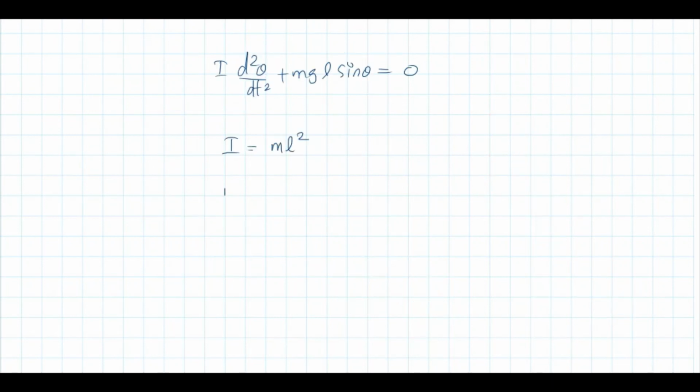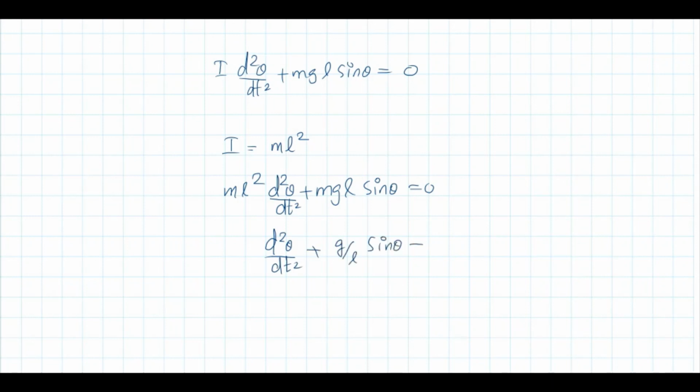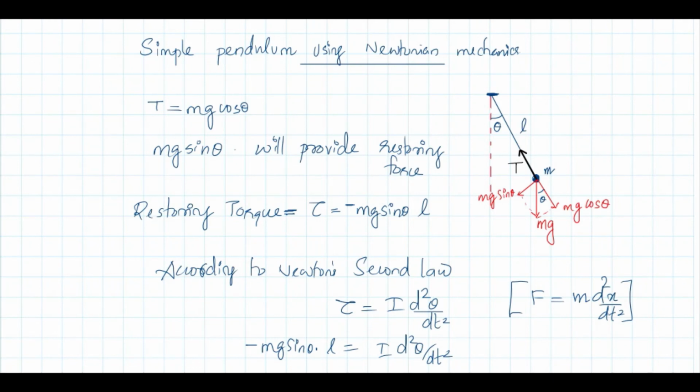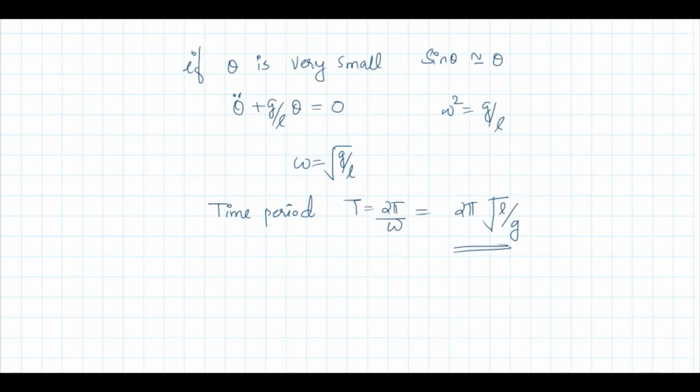Substituting for I, ml square d square theta by dt square plus mgl sin theta equal to 0. Dividing throughout by ml square, you get d square theta by dt square plus g by l sin theta is equal to 0. For small theta, sin theta is approximately theta, so theta double dot plus g by l theta is equal to 0. Again, the same equation that we obtained using the Lagrangian formulation.